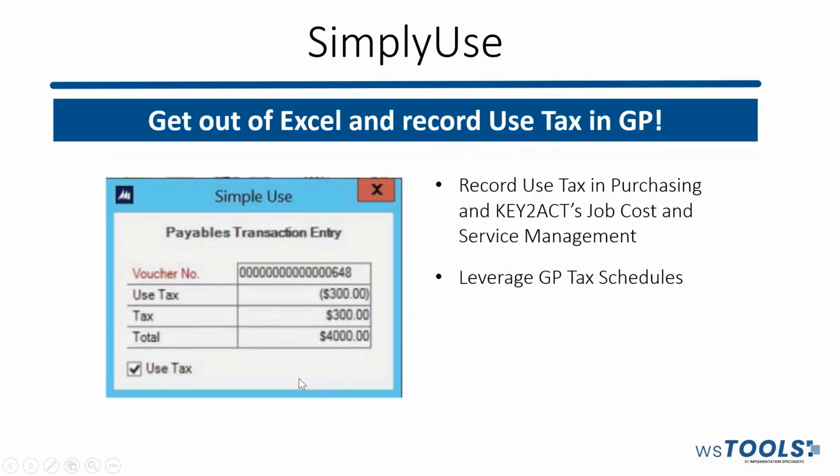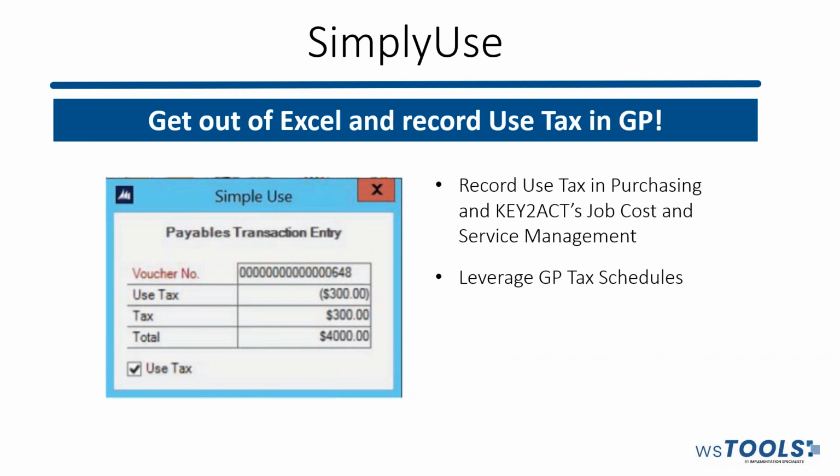Next up is Simply Use. This is for all of you that need use tax and track that information within your financial system, as well as have that data flow back to your job cost or to your service transactions. When you're in, let's say, a payables transaction entry window, and it calculates a tax, like in this example, $300, and it's using the GP tax schedules to do that, you can mark this as a use tax.